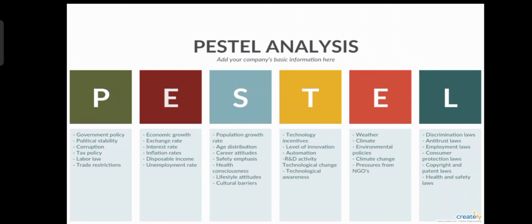If you have a business and you want to be globally competitive, you must follow innovations. So technology incentives, level of innovations, automation, of course R&D activity, and technological change and awareness are really important in this analysis.